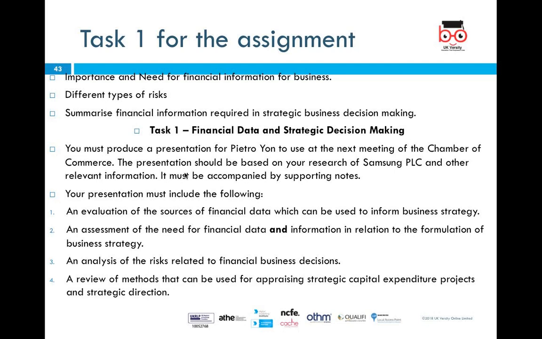So when you finish tasks 2, 3 and 4, then you can make your presentation, task 1. That will be helpful because you already have the information from tasks 2, 3 and 4, and you have some calculations and financial figures. Then you can estimate the methods, and focus on analysis, assessment and evaluation in your presentation.